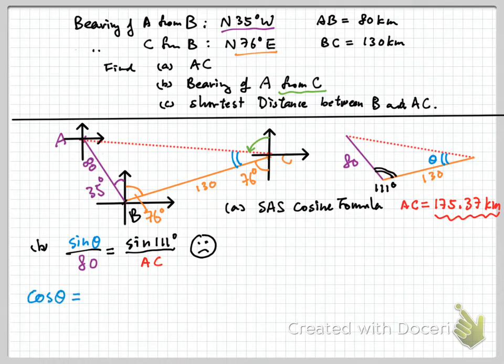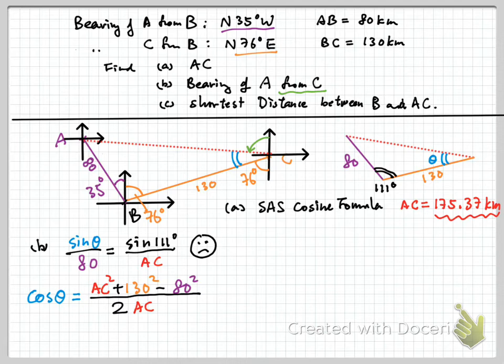Cosine theta is 130 squared plus AC squared, and then subtract the purple line, 80 squared, divided by, this is the triple S cosine formula, twice AC and 130.